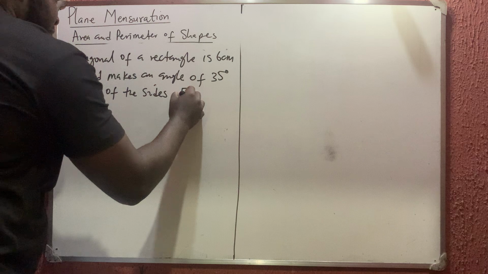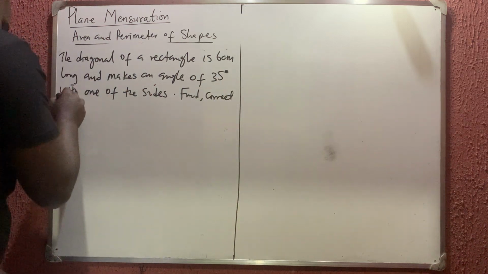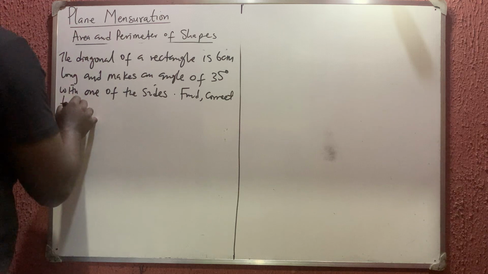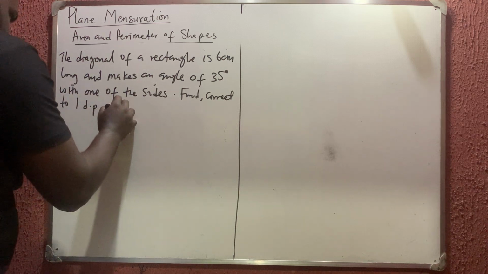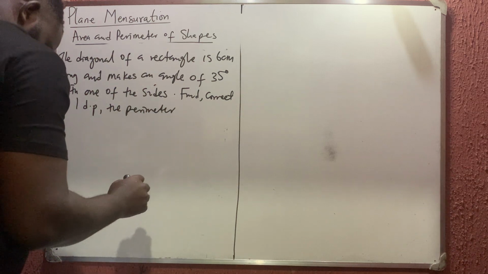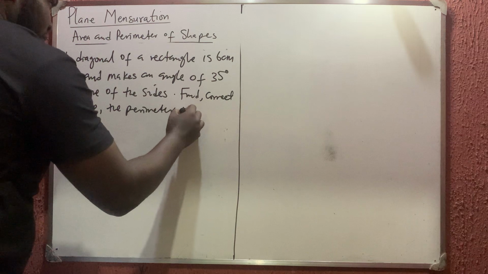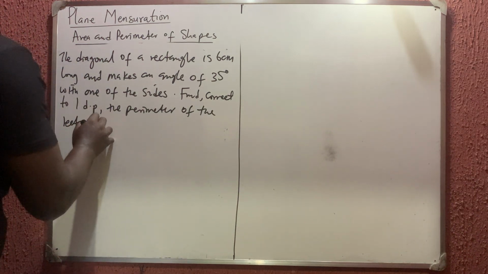Find, correct to one decimal place, the perimeter of the rectangle.